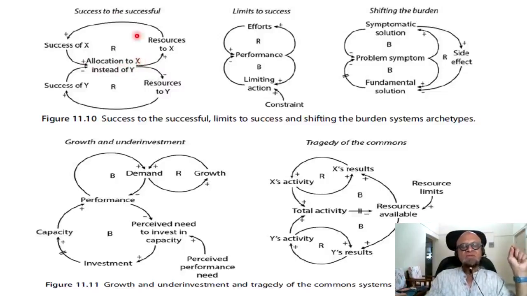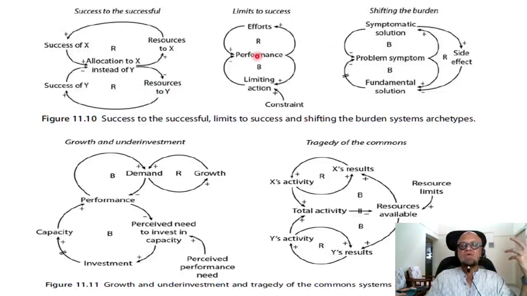We talked about this before, power as domination and authority and legitimacy. So in success to the successful, you have the dominant one, or the upstream water user in a river, benefiting without any help for the downstream users, for example.